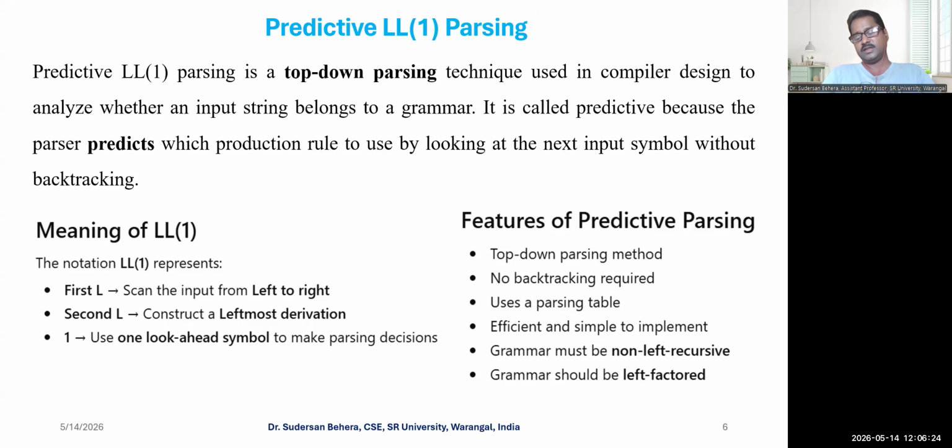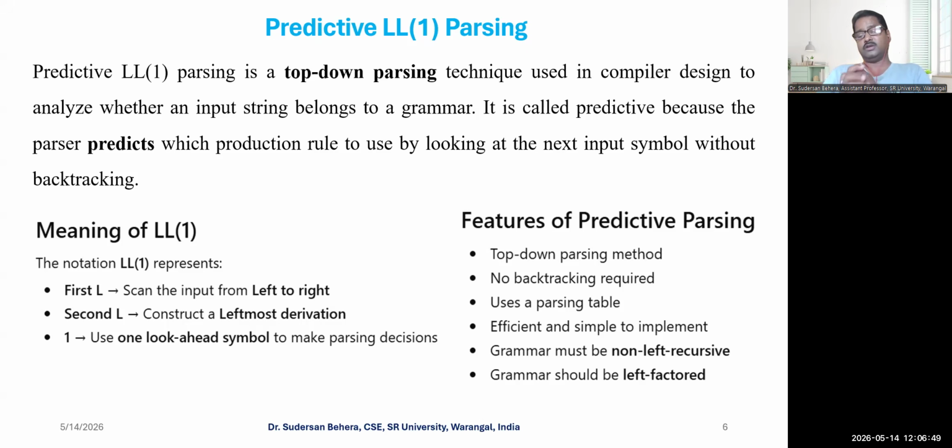Okay, these are some features of the predictive parsing method. It is a top-down parsing method, because it starts from the top and reaches the bottom. It starts from the start symbol of the grammar, which is called the root, and it reaches towards the leaves of the tree. That is why it is called the top-down parsing method, and it does not have backtracking.